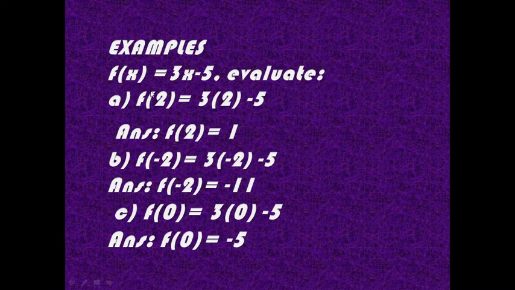Examples: f of x is equal to 3x minus 5. Evaluate a, f of 2. Now you must be thinking how we can do this. We can do this by just taking 2 instead of x.